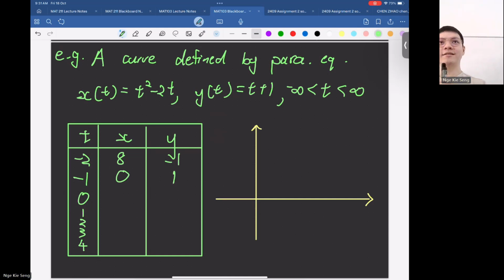How about the others? Correct, 3, 0. 0, 1 is for the next one. So 3, 0. How about when t equals 1? -1, 2, and then continue.